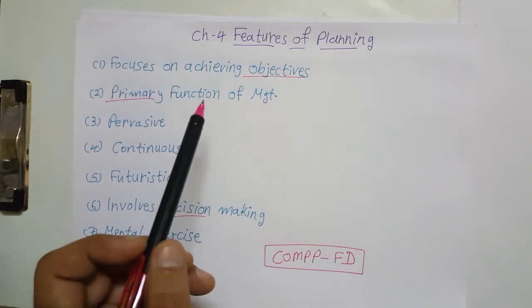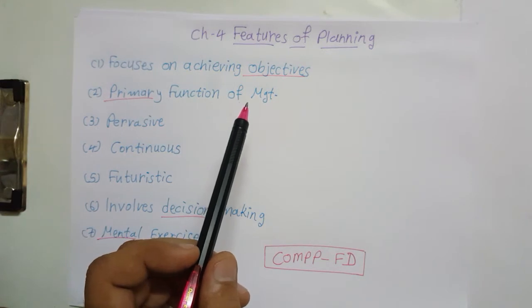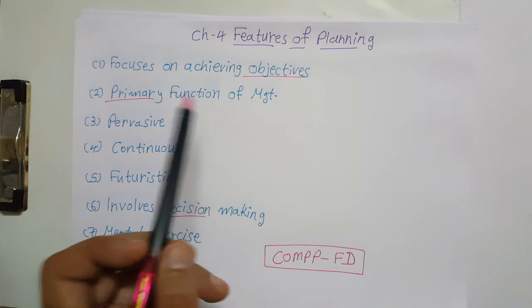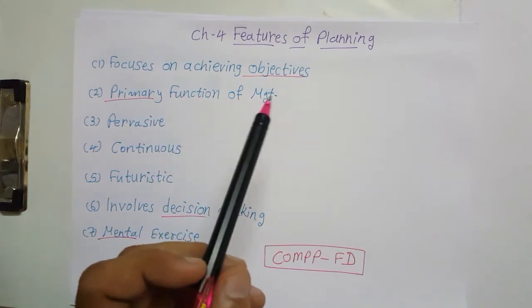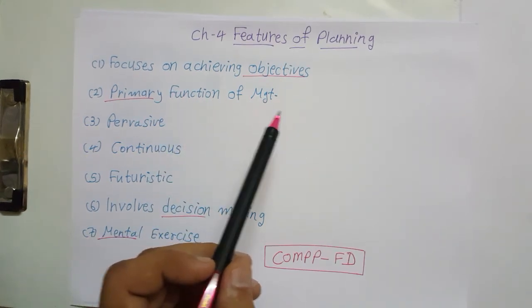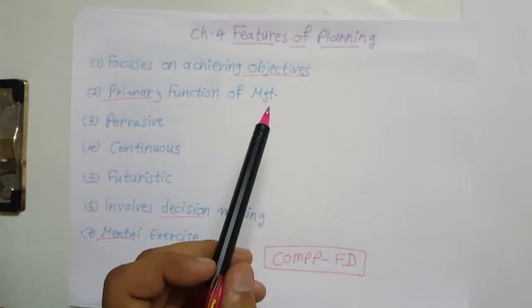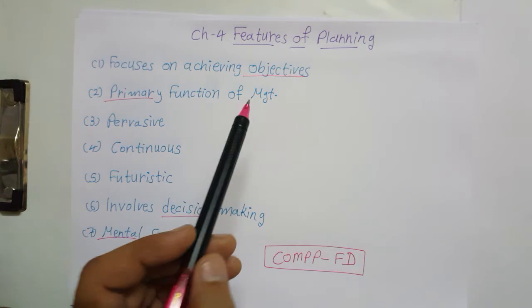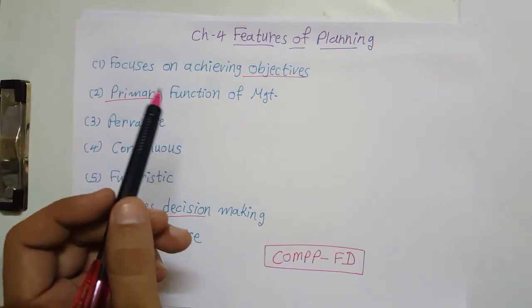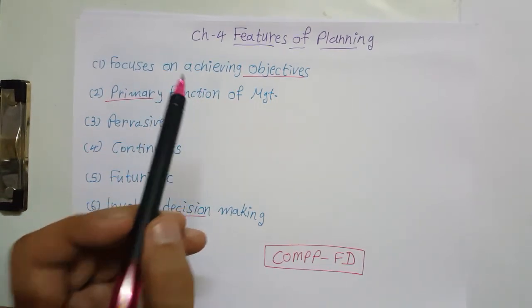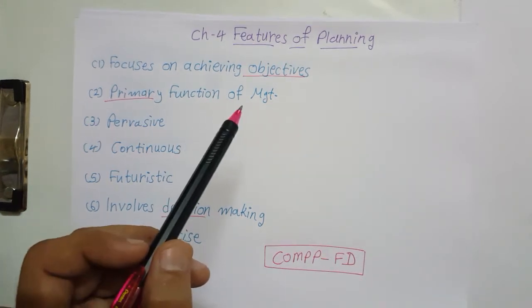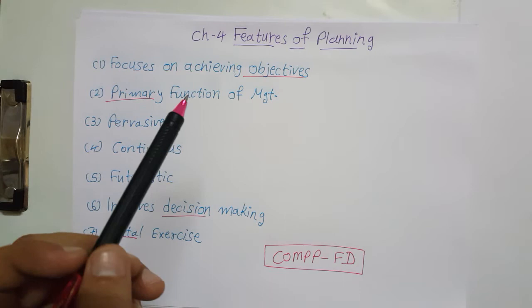According to planning we organize the other things. According to planning the direction will be there towards the objective. According to planning the staffing will be there. According to planning we do the controlling function also. This is the primary function, the first function, and the base for other functions of management.